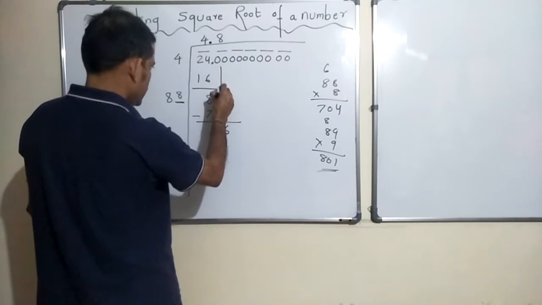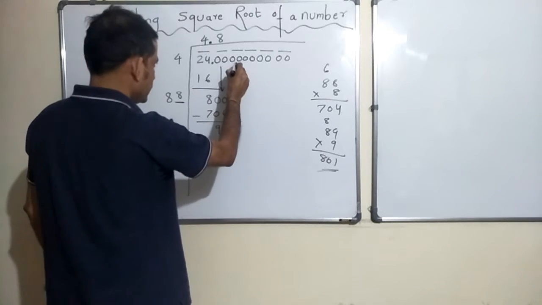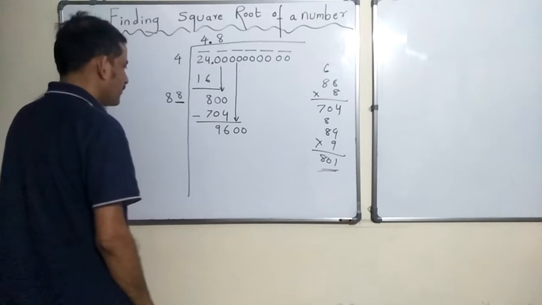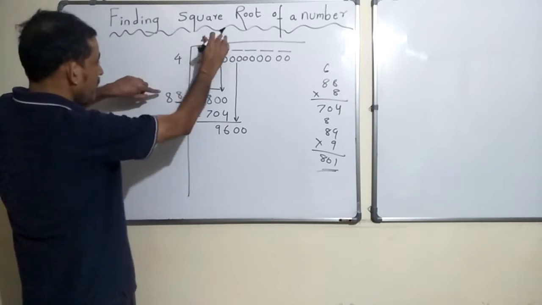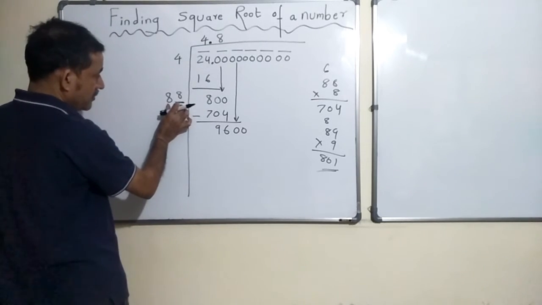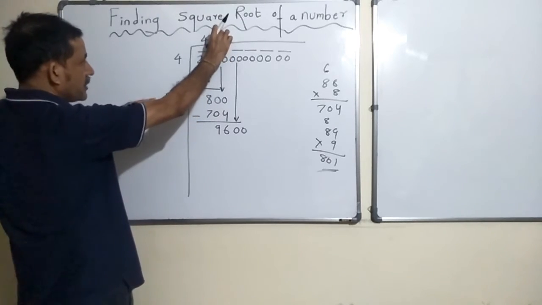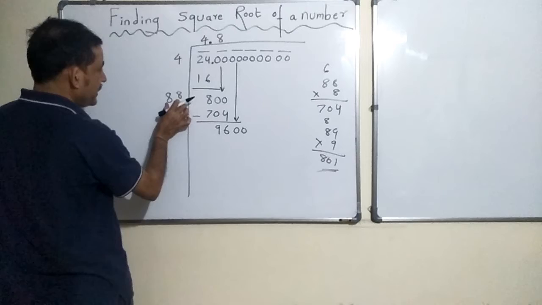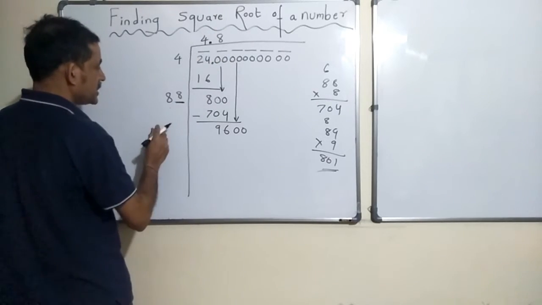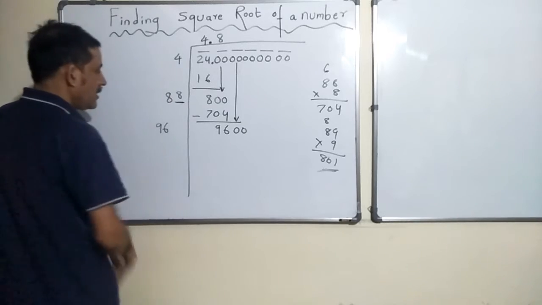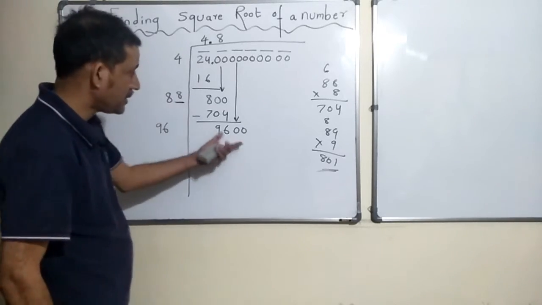So this was the one which I brought in the earlier case. Now I bring the next two, which is a pair. And whatever part of the quotient I added here, let me add 88 to the last digit we just put. 88 plus 8 is 96. Now this looks tempting, 96 and 9600.